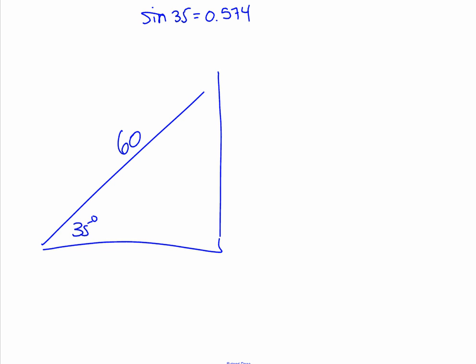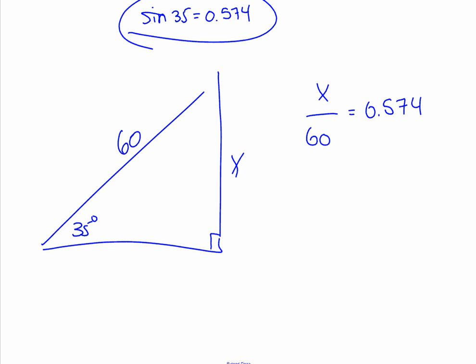The opposite, in this case, because it's a sine, I could figure out this side here, because I know that x over 60 has to equal 0.574. Every single right triangle with a 35-degree acute angle will have a sine ratio of 0.574. Doesn't matter the size. And so if I know that, then I can figure out an unknown side.